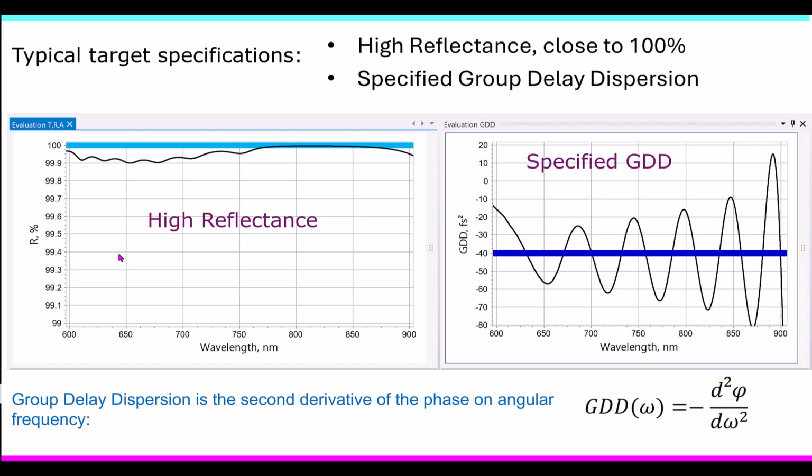Typical target specifications of dispersive mirrors are high reflectance in a broad spectral range, and reflectance must be close to 100%. And specify group delay dispersion in the same range. Group delay dispersion is the second derivative of the phase on angular frequency.